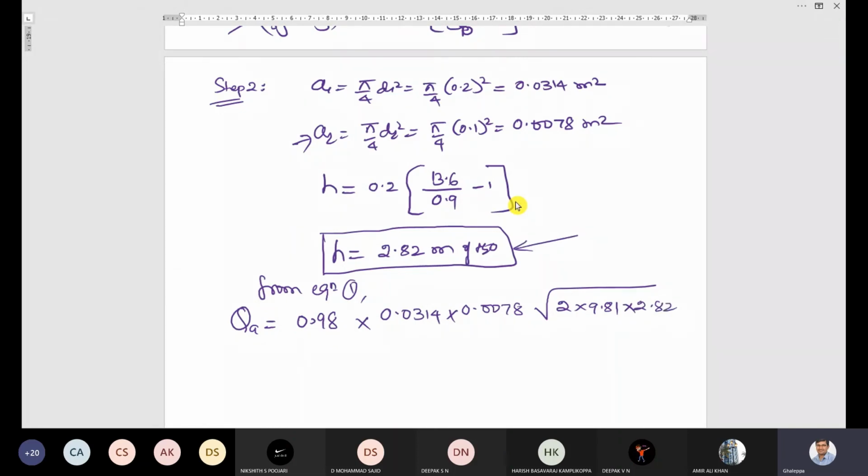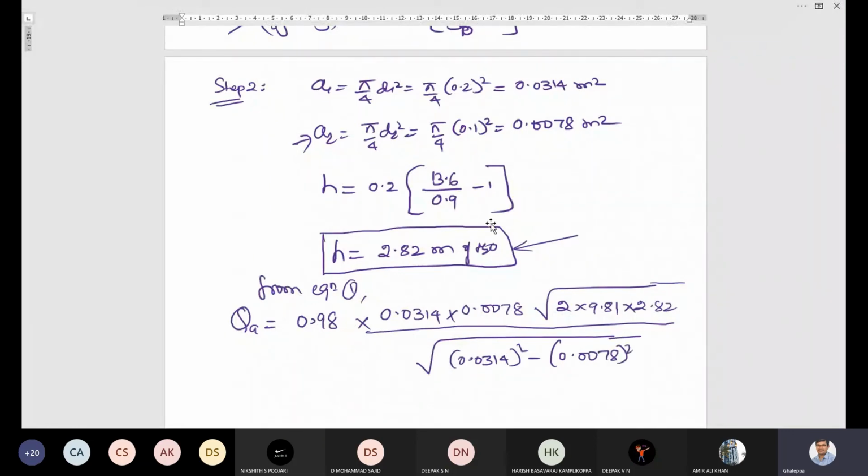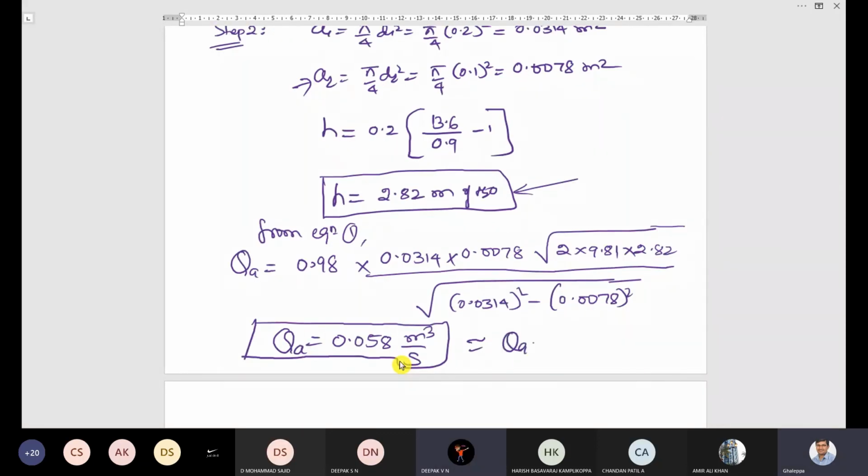So divided by square root of 0.0314 square minus 0.0078 whole square. Now I'm doing the calculation part. QA is equal to 0.057 cubic meter per second.